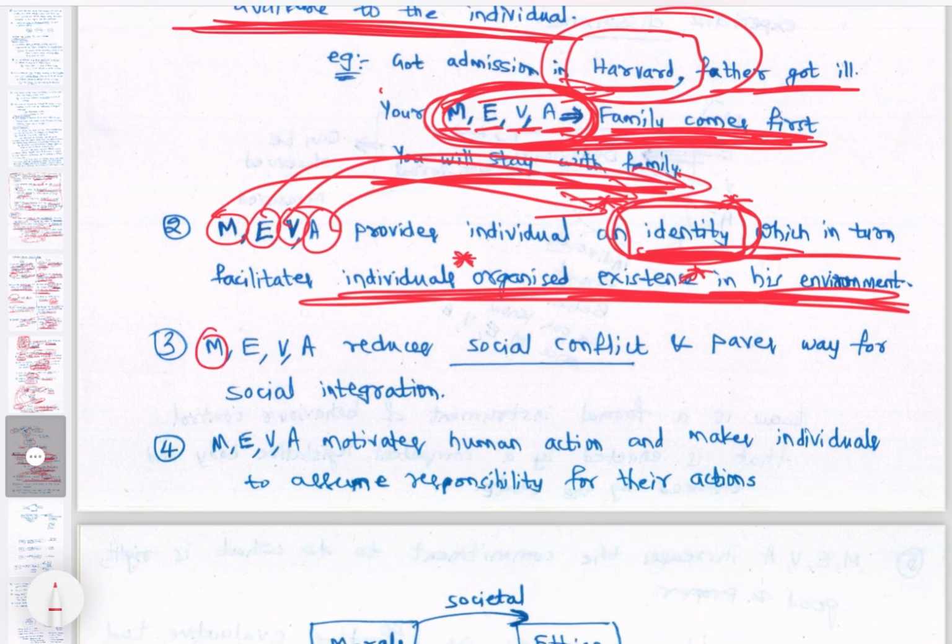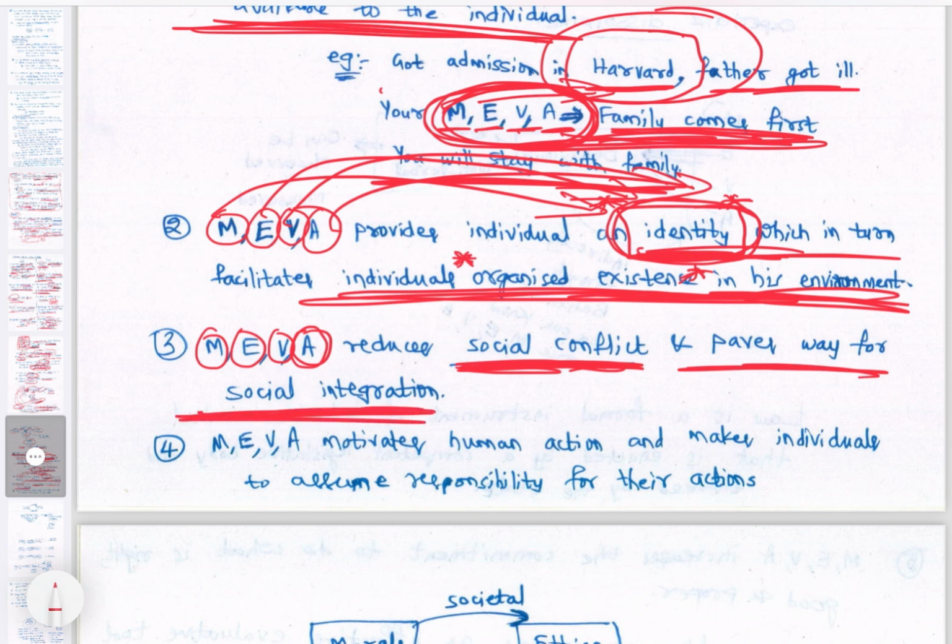And another thing is, morals, ethics, values, and attitudes reduce social conflict and pave the way for social integration.